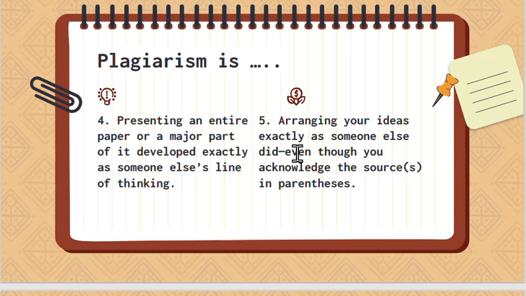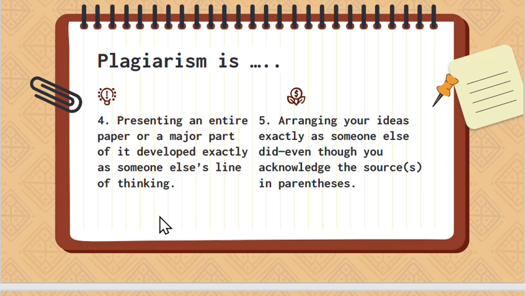Number five, arranging your ideas exactly as someone else did, even though you acknowledge the source in part. So plagiarism can appear in different forms when you use someone else's words, when you use someone else's ideas without mentioning the author.